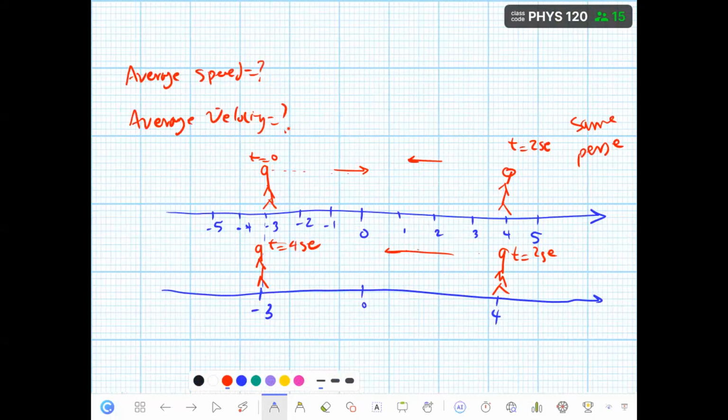Okay, go ahead and calculate the average speed and average velocity. One minute.